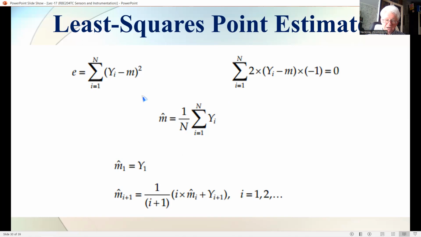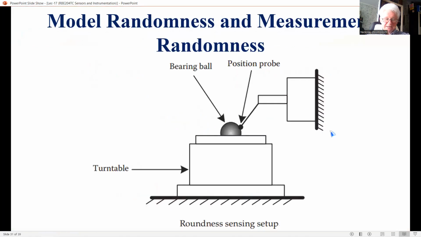M hat is 1 over n times the sum of all y in the generated data set from 1 to n. This result indicates that the least squares point estimate, an optimal estimate, is the sample mean of the data.